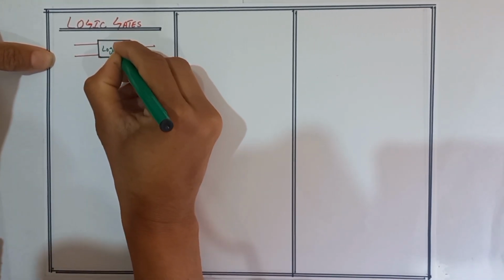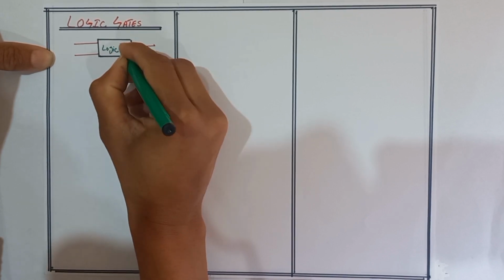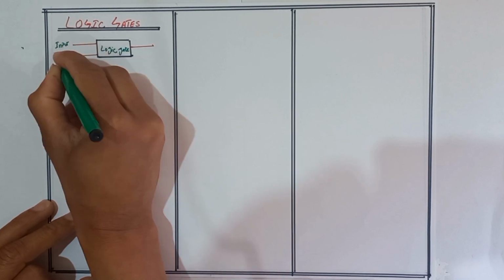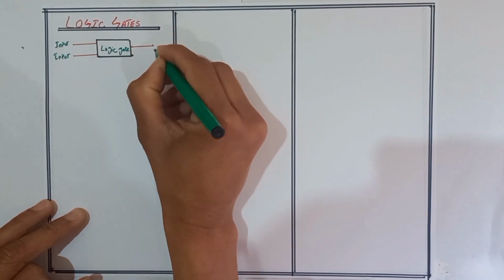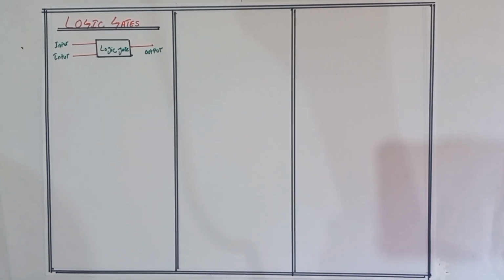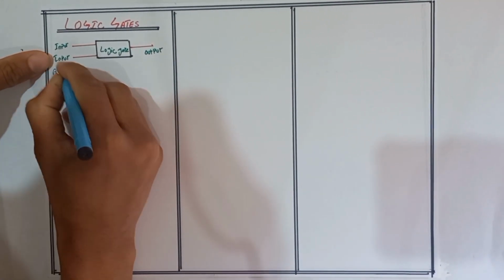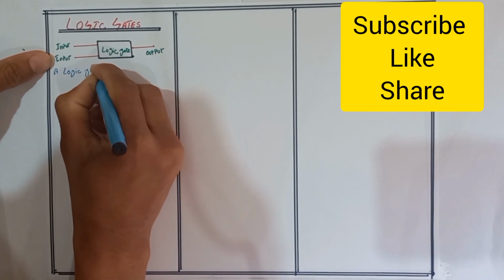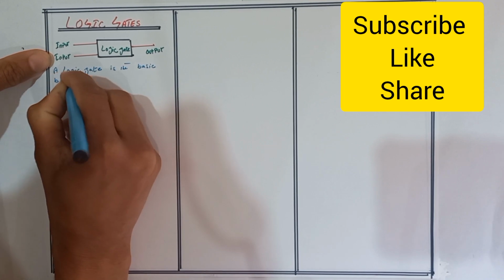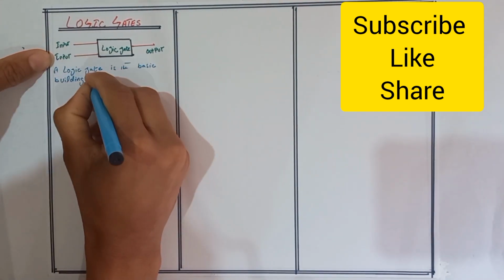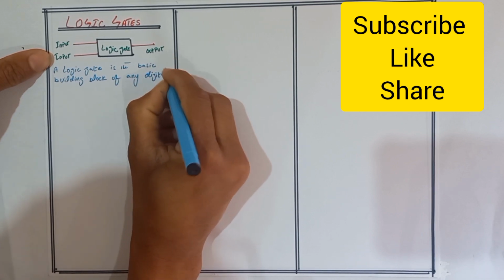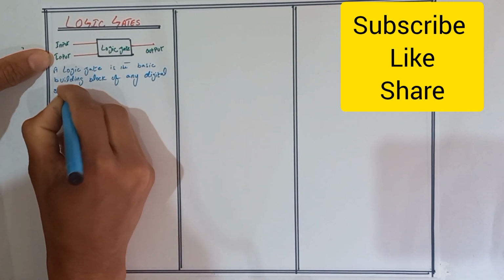Logic gates take two or more inputs and give one output. Here we give the input to the logic gate, which can have one or more inputs, and it gives only one output. A logic gate is the basic building block of any digital system.